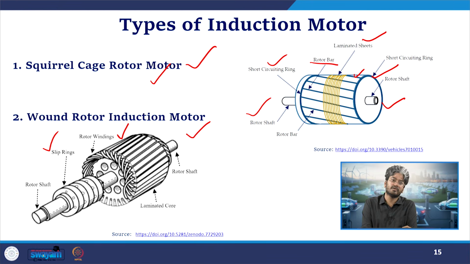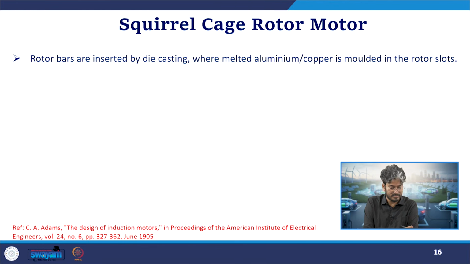So we do not go for the complicated solution, because when I go for a doubly fed induction machine, using the wound rotor type, the cost of our electric vehicle will increase, because it will require two converter sets, one for feeding the supply to the stator and one on the rotor side. So squirrel cage is the one which is mostly used in our electric vehicle applications.